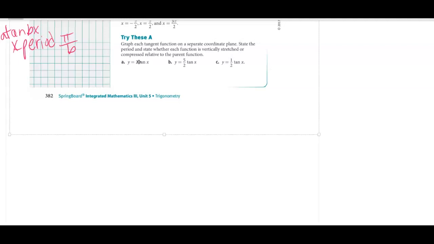So if I look at A, that period is going to be just pi. B is 1. And then what I'm going to do is I'm going to divide the period by 2 to get my asymptotes.